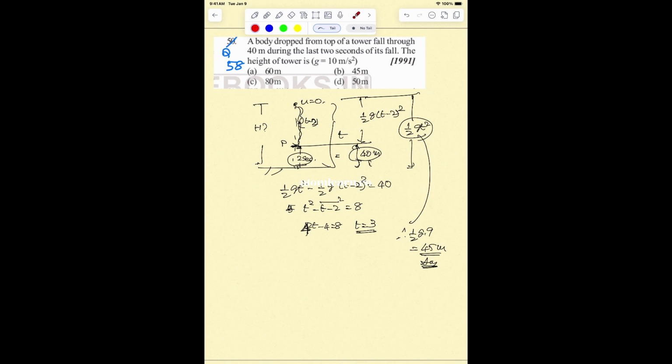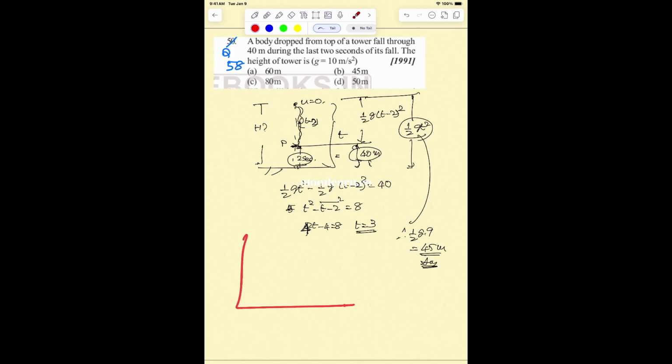Let me repeat the mental process of quickly doing it without drawing any figure. Look at it like this. Last 2 seconds, 40 meters. The average velocity is 40 by 2 equal to 20 meters per second for the last 2 seconds of travel.